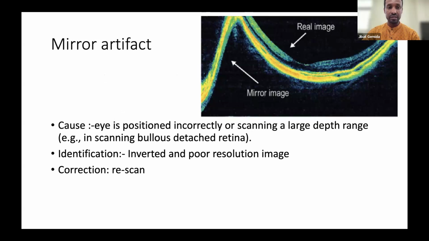So the first artifact is a mirror artifact, which is caused by incorrect eye position or scanning a large depth range, like in bullous retinopathy, retinoschisis, or myopic maculopathy. What you find is an inverted and poor resolution image. What you can do is a rescan.